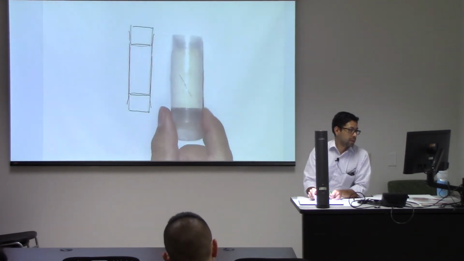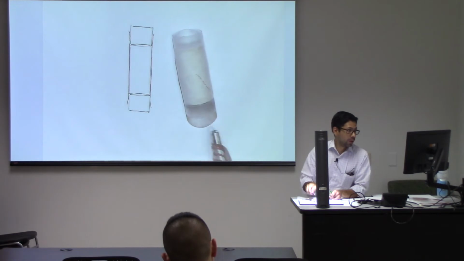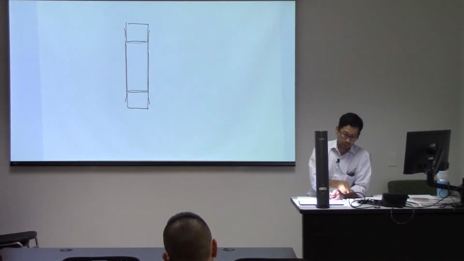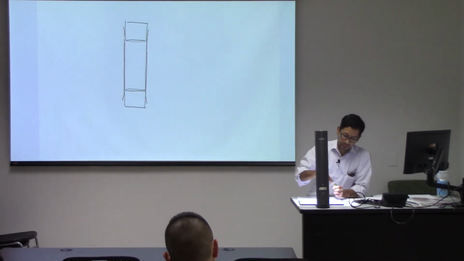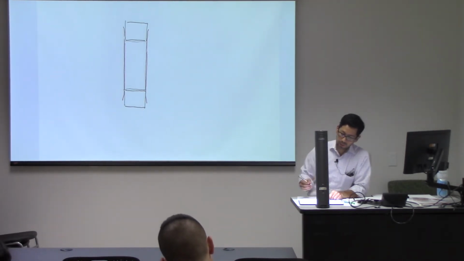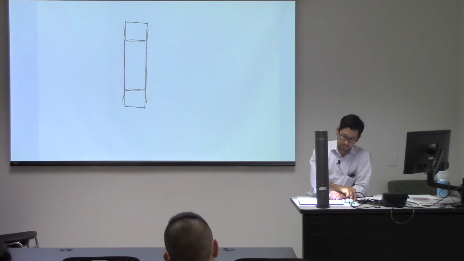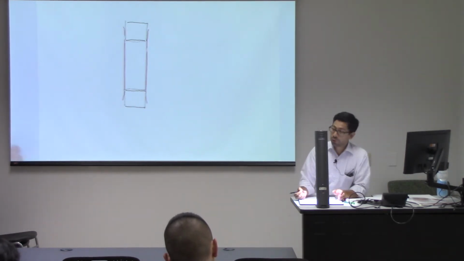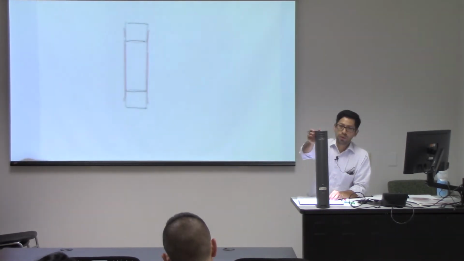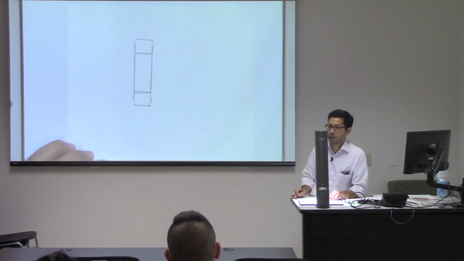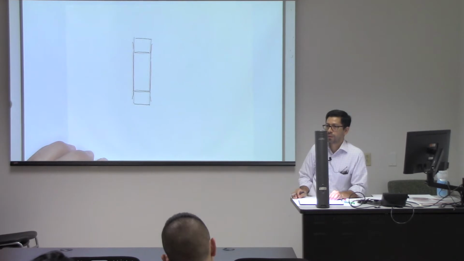Here I'm missing the steel end caps, but all of that goes inside. We want to apply pressure to this, right? So how would you apply outside pressure to this rock? Any idea how you could do that?